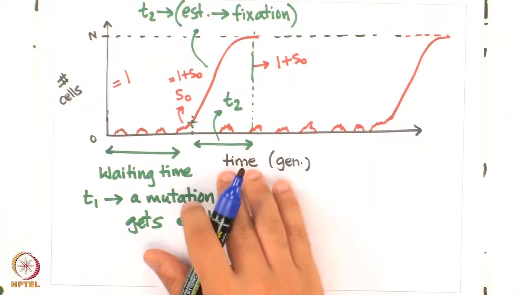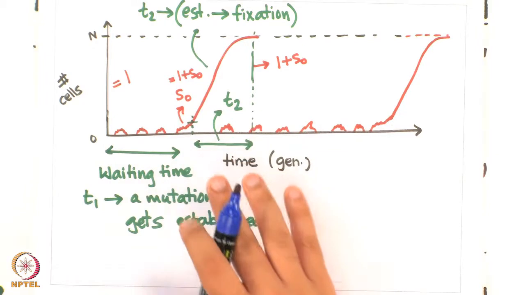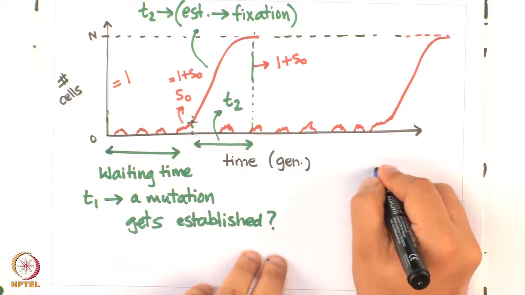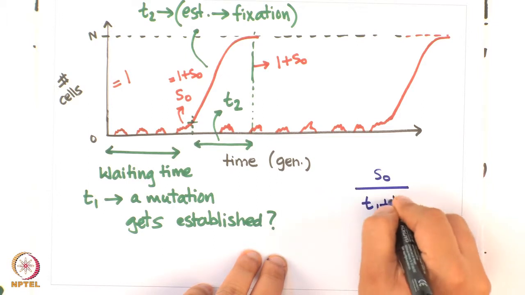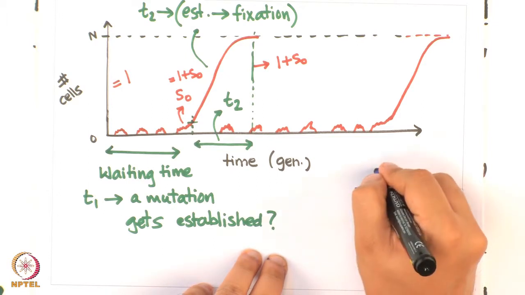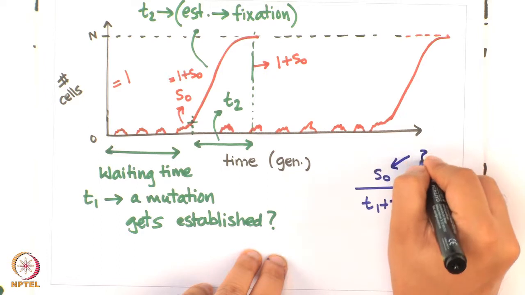And this is important because when we are interested in the rate of evolution, we want to understand this graph, and this graph tells us that the speed of evolution can just be given by S0 divided by T1 plus T2. But we don't really understand what S0 is.